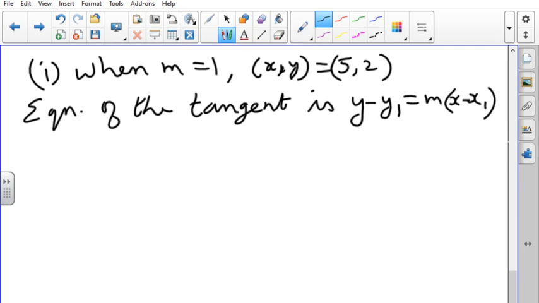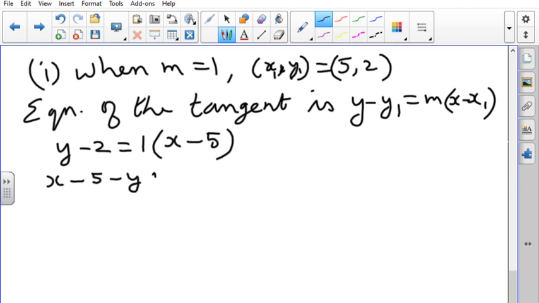So this is x1 comma y1, which is 5 comma 2. So y minus 2 is equal to 1 into x minus 5. So we get x minus 5 minus y plus 2 is equal to 0. Left hand side terms I have taken to the other side. So finally you get x minus y minus 3 is equal to 0.